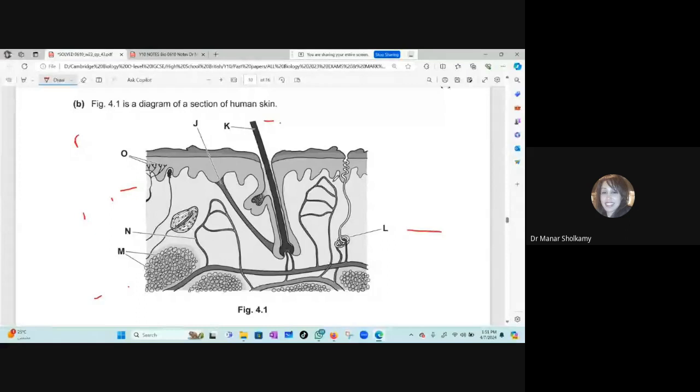How many labels? 1, 2, 3, 4, 5, 6. That is why this question is out of 6 marks, because you will talk about everything in the figure, and how it helps you when you're cold.